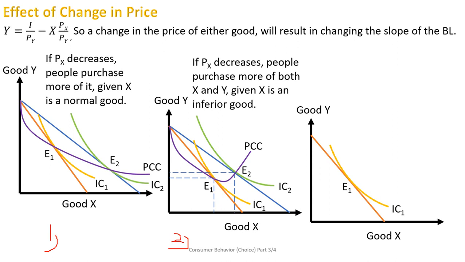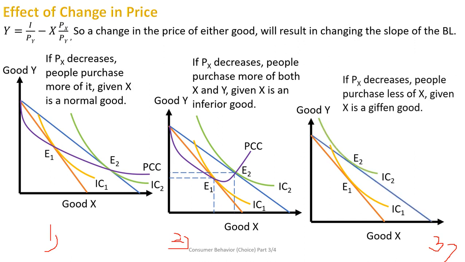This is shown in the third diagram, where the consumer was initially at equilibrium at point E1. However, because of the decrease in the price of X, which is a Giffen good, the consumer shifted to a higher indifference curve IC2. The equilibrium point is E2. However, the consumption of X decreased.